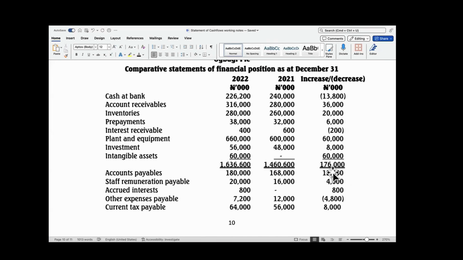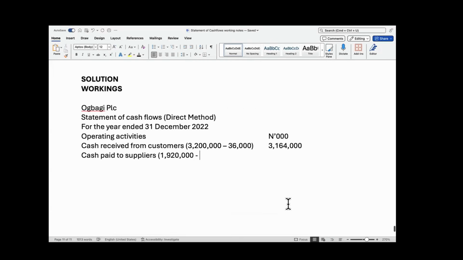There are account payables also of 12,000. What's the balance that we have? 1,888,000. Now, this will come in as an outflow.